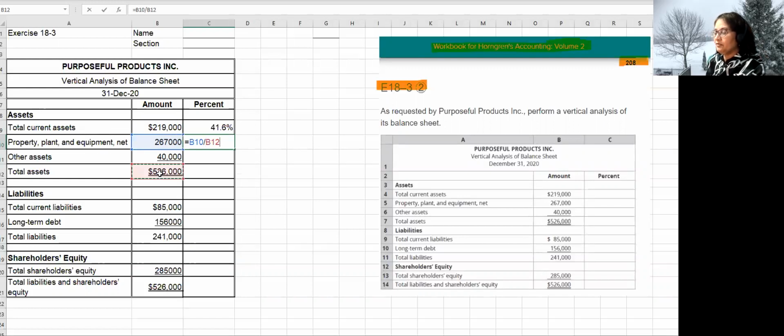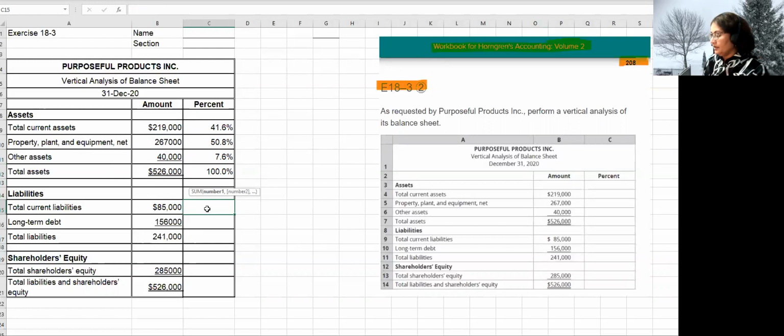We take that amount, 267,000 divided by 526,000, which gives us 50.8 percent, and for other assets, 40,000 divided by 526,000 gives us 7.6 percent. Now the total of all these should be 100 percent. So our total assets should be 100 percent.